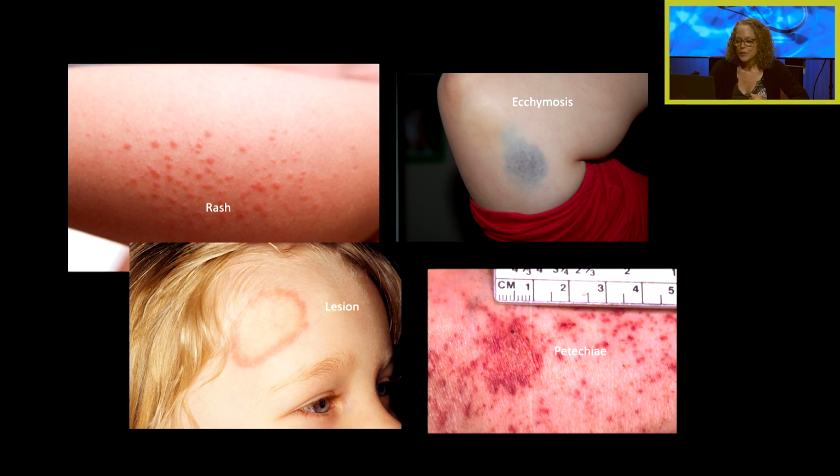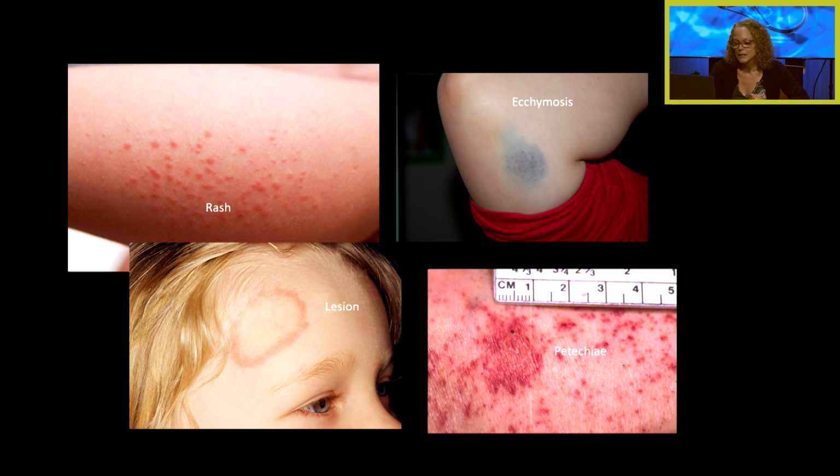And so we can find out whether or not this rash that's on the patient's skin somewhere is associated with itching or pain. And we want to be able to document where the rash is located. On the bottom slide, we see an example of what a lesion would look like.